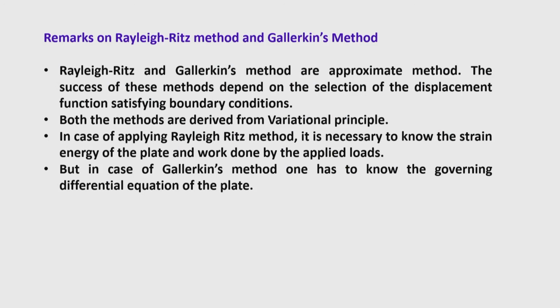The exact solution can only be obtained in some limited cases, but with the help of an approximate method, that is the Rayleigh-Ritz or Galerkin method, we can attempt the problem of a plate with any type of boundary conditions and loading. So, that is the beauty of the approximate method.